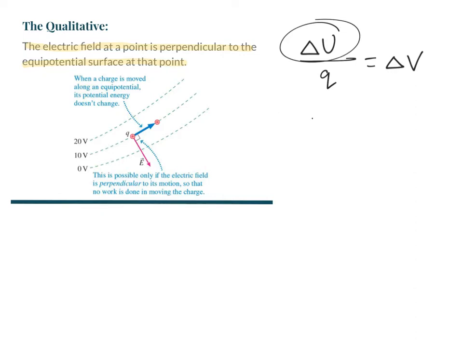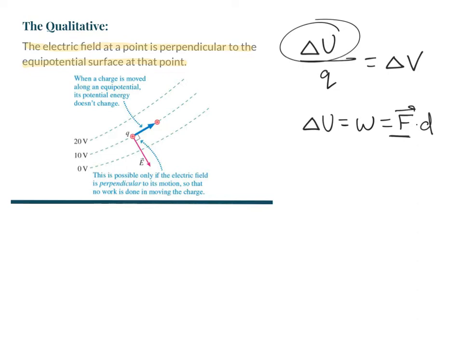The change in potential energy is equal to work, which is equal to force times distance. This force is a vector with a direction, so the potential energy is based on the force and its direction.